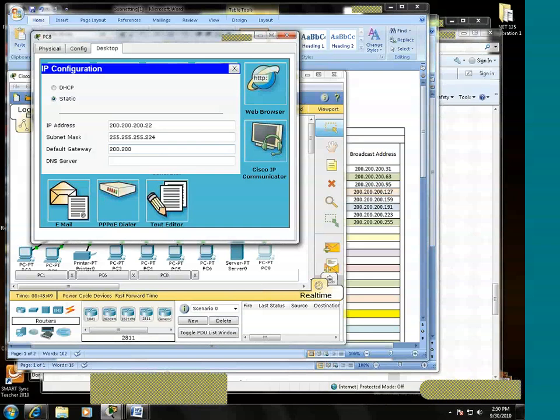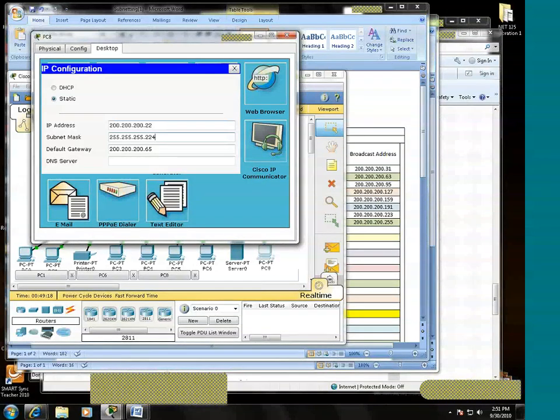What's the default gateway address? 65. Okay, am I done? I'm seeing some shaking heads. What's wrong? The IP is wrong. Okay. Now, if this were an actual Windows machine, we would have gotten an error, right? Yeah, because the host address and the default gateway address are on different subnets.